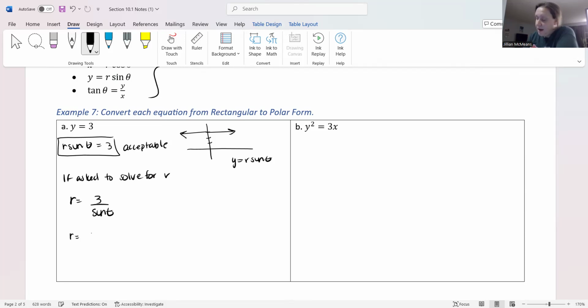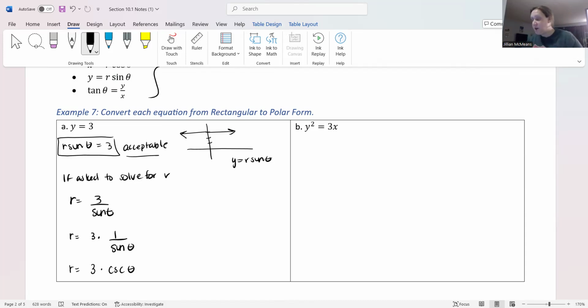And then I could write that as 3 times 1 over sine of theta, okay? And 1 over sine of theta is cosecant theta. So you could get 3 times cosecant theta. You make the assumption that sine of theta is not 0. And again, it depends on what book you're using, what online homework you're using. This is acceptable: r sine theta equals 3, okay? But if asked to solve for r, just know how to do that, okay?